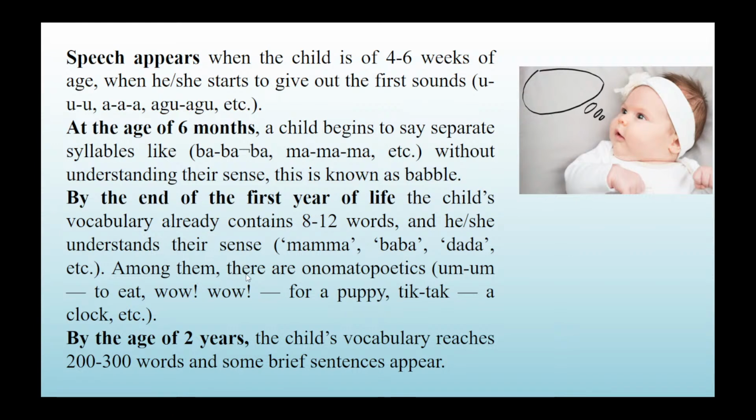Among them there are onomatopoeic words, like wow wow for a dog, and tick tock for a clock. By the age of two years old, the child's vocabulary reaches 300 words and some brief sentences appear.